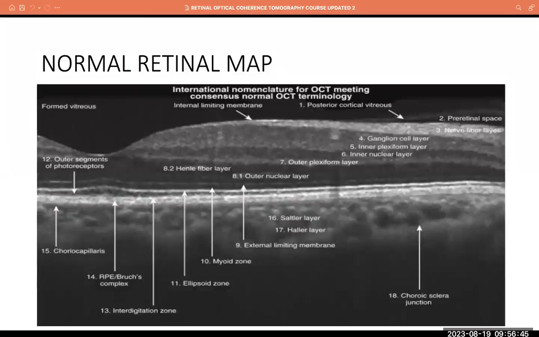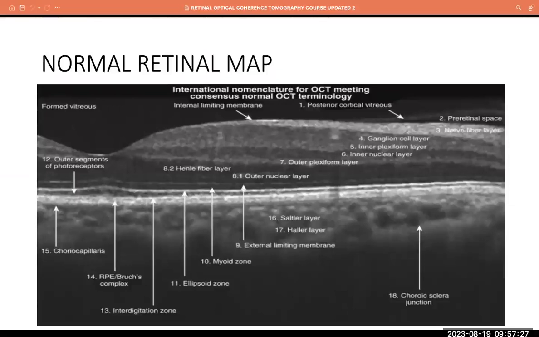So if there's an accumulation between the RPE and the neurosensory retina, let's say in neurosensory retinal detachment, you would see how the accumulations happen. In detachment, the retina is moved away from the RPE, so the accumulation will be between the RPE and the neurosensory retina. But if it's under the RPE, it's sub-RPE.